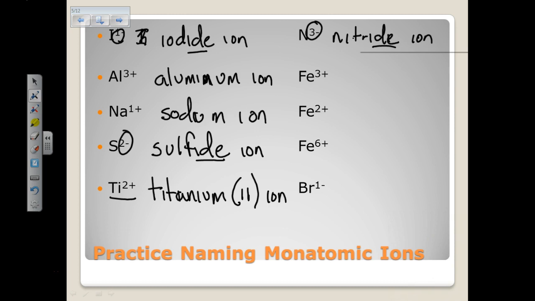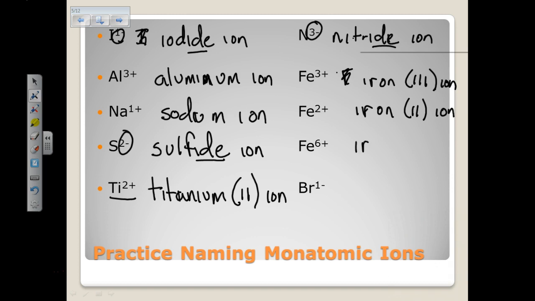Okay, so now iron. This is iron. I was going to write ferrium. This is iron, and this is the iron(III) ion. If we just left it as iron ion, we wouldn't know if it was iron 3+, 2+, or 6+. This is the iron(II) ion.